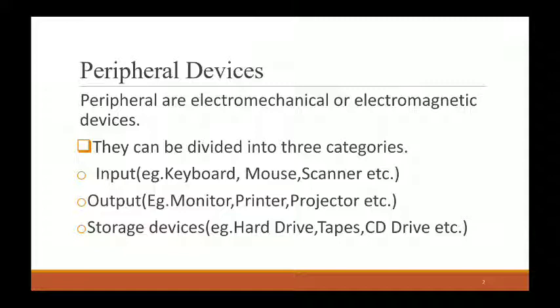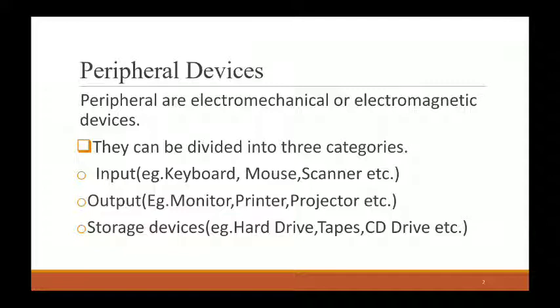So all this data, when to be processed by the CPU, should be somehow given to the CPU also. So how we will provide the data to the CPU? With the help of the input devices. So input devices are also a type of the peripheral devices.